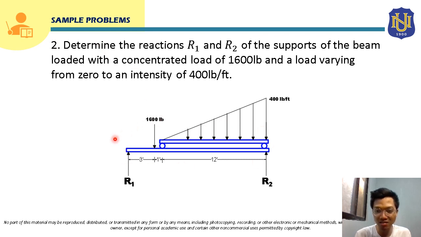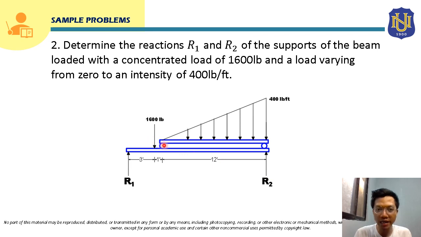This given system is actually a free body diagram, since the reaction forces are already provided here. We don't need to analyze what reaction forces are provided by the support. We have two reaction forces, reaction force R1 and reaction force R2.